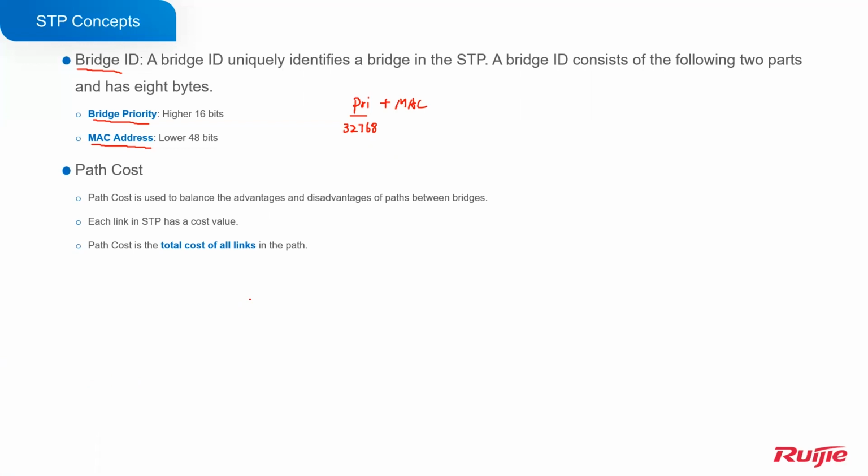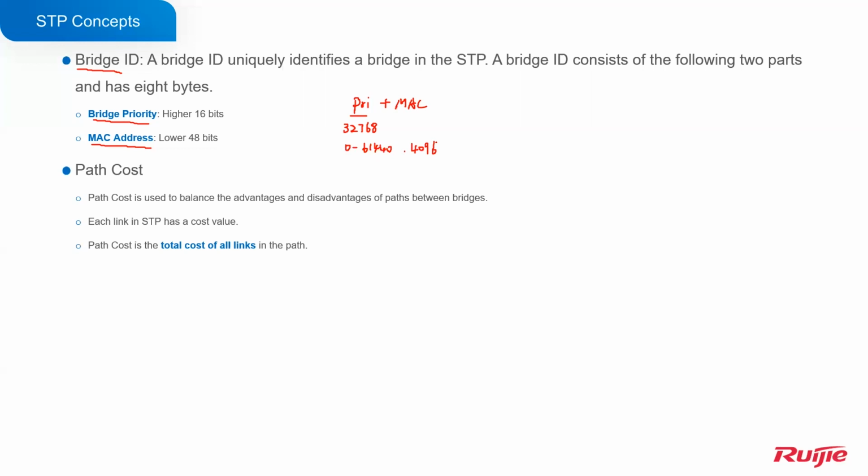And of course, you can manually configure this value. It ranges from 0 to 61440, and the step is 4096. So it means that the smallest value is 0, and then 4096, and then 8192 in this way. This is the bridge ID.